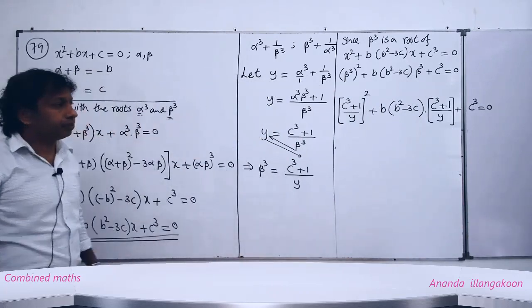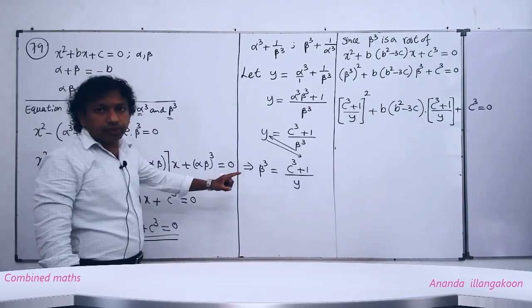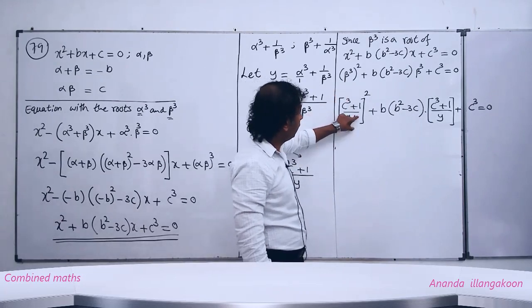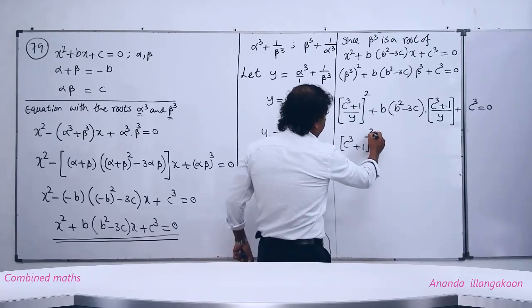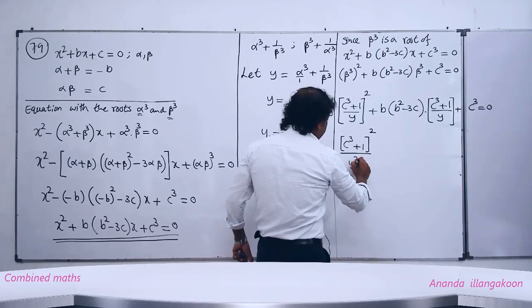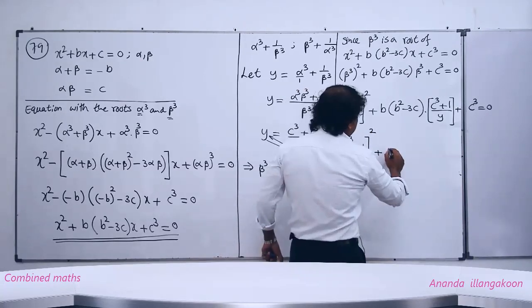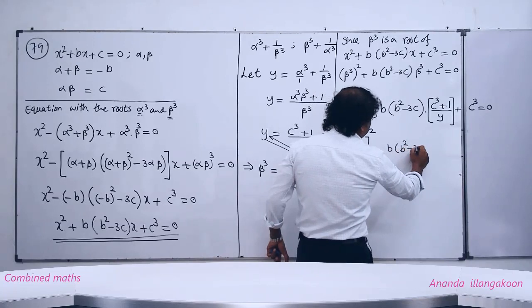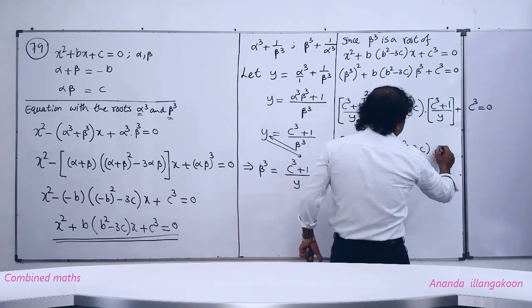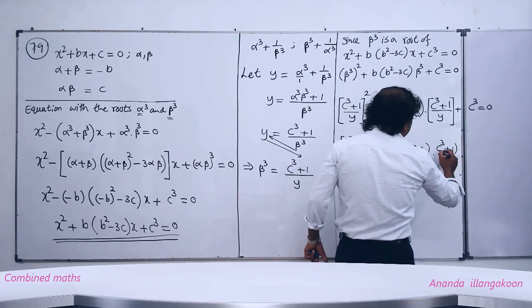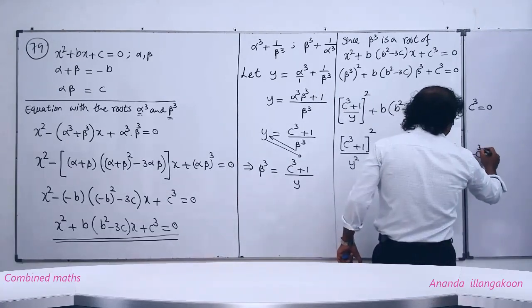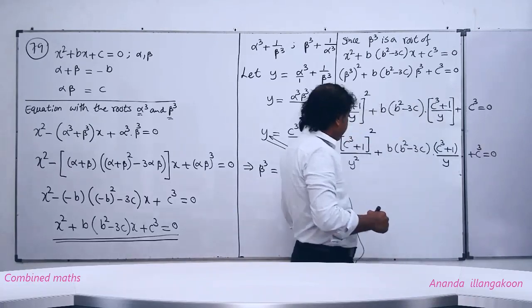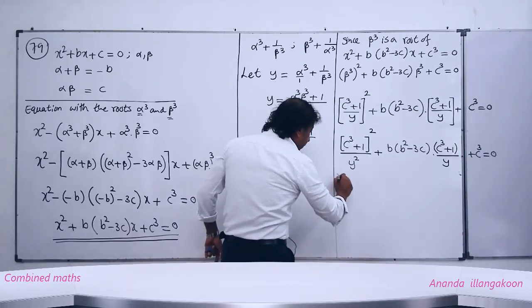Now we square the numerator and denominator both. c cube plus 1 all squared divided by y squared, plus b times b squared minus 3c times c cube plus 1 divided by y, plus c cube equals 0. Then people multiply this by y squared.